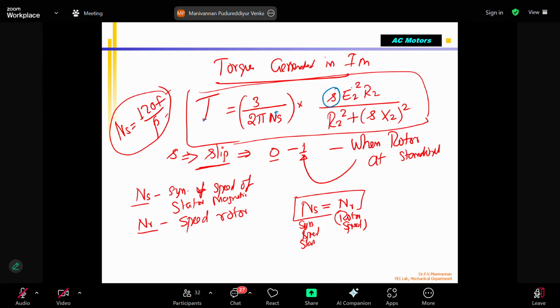You can see that it is in the numerator as well as the denominator. In the denominator is S square. In fact, I thought of explaining about the equivalent circuit, so we come back to that, where R2 is called rotor resistance, X2 is called rotor reactance, and E2 is the rotor induced voltage, and S is the slip, and NS is the synchronous speed of the magnetic flux.